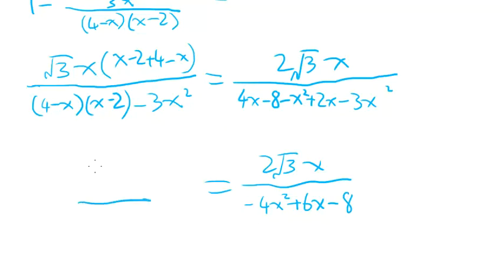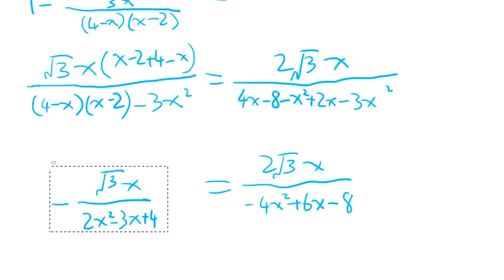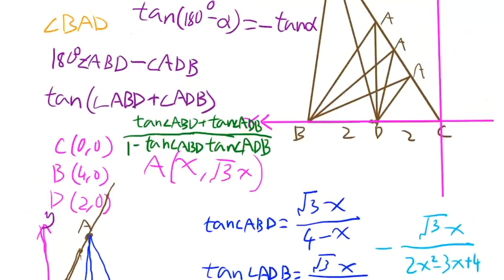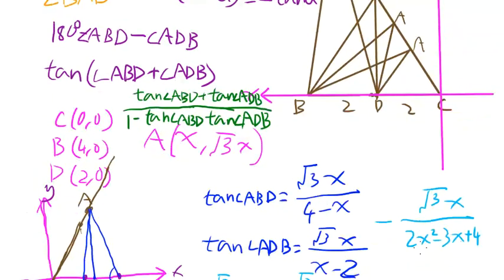We'll simplify this down to root 3x over negative 2x squared plus 3x minus 4. Go back. Okay, now we have this.